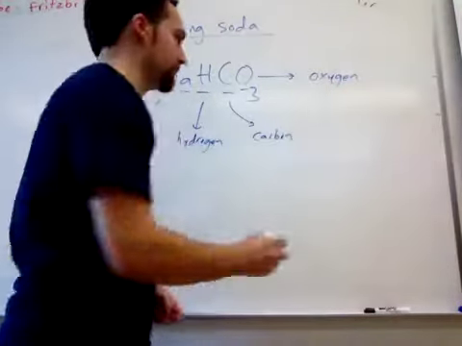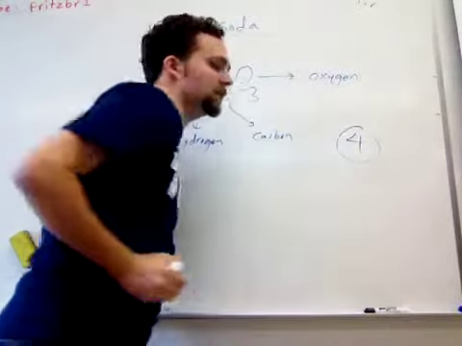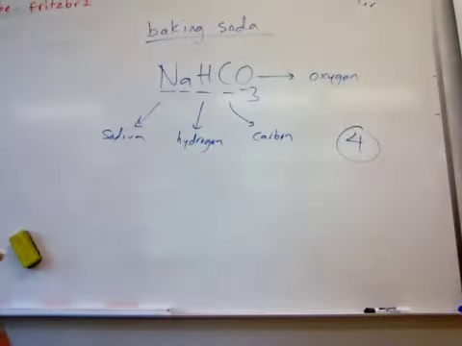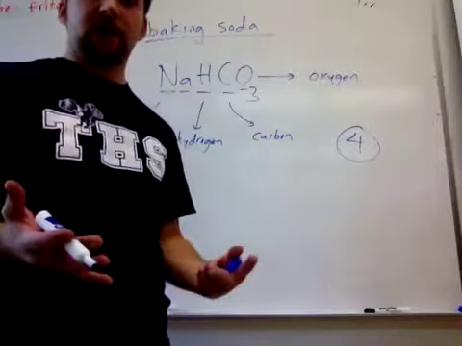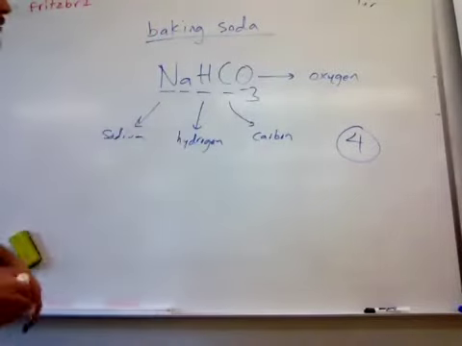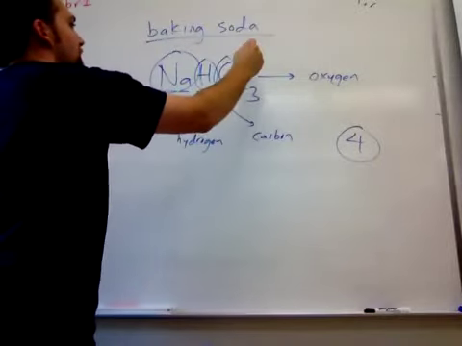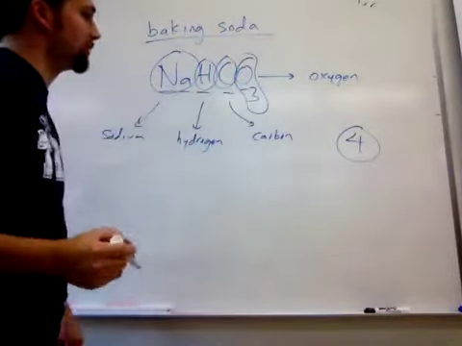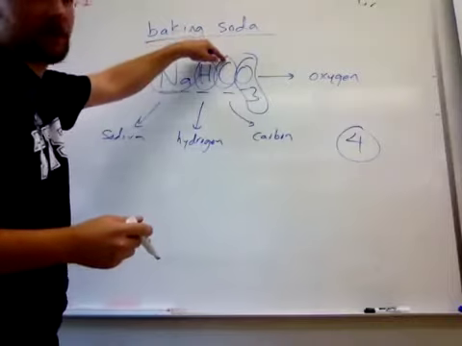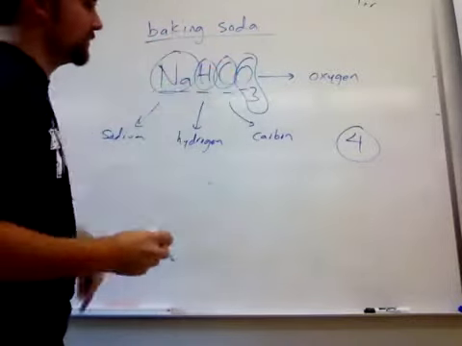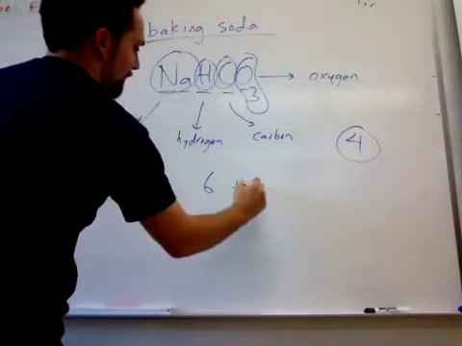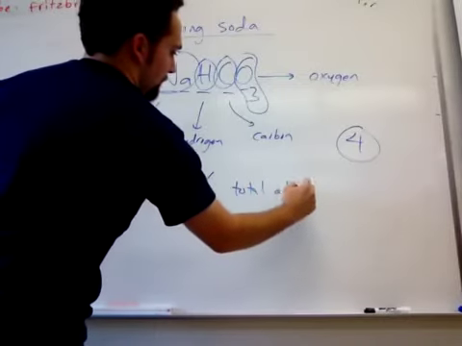So total different elements would be 4. If the question asks you how many total atoms I have, it would be 1 sodium atom, 1 hydrogen, 1 carbon, and then 3 oxygens. So 1 plus 1 plus 1 is 3, plus 3 more is going to be 6 total atoms.